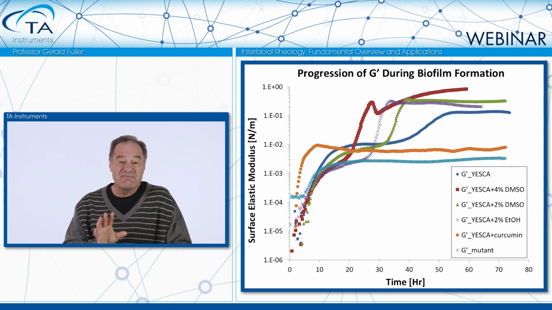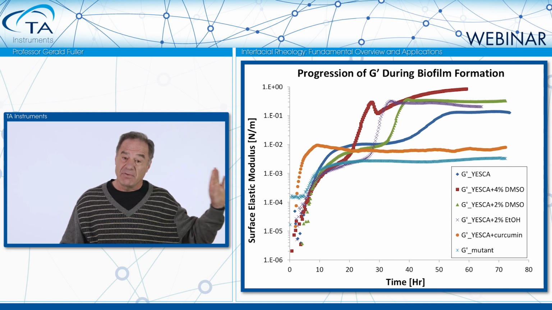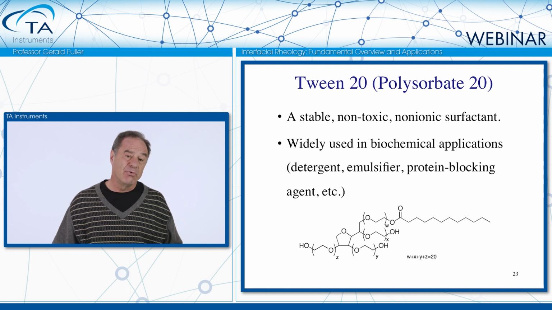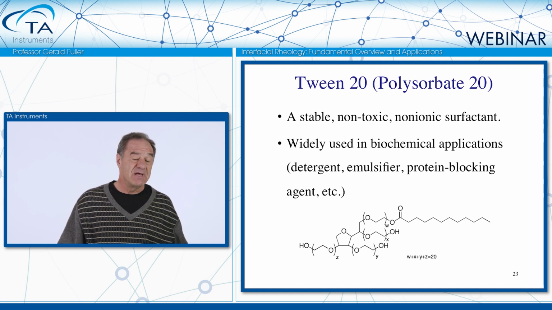So, but you can find this out very nicely with this attachment, because you can do chemistry. You can introduce chemicals you want to find out about the interaction. What about interrupting biofilm formation with the addition of a surfactant?